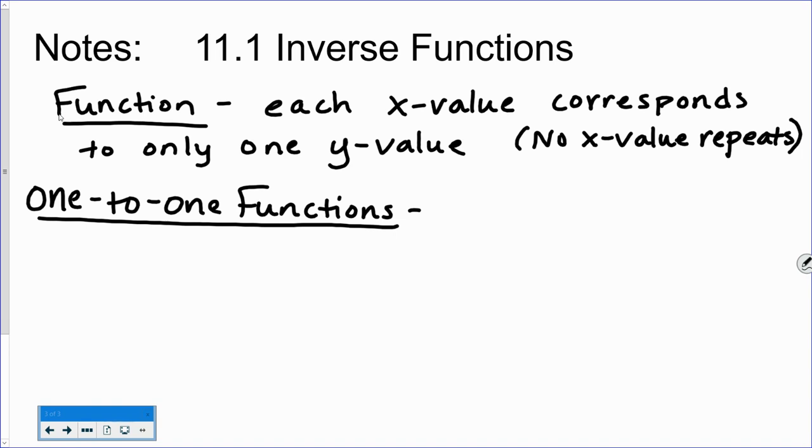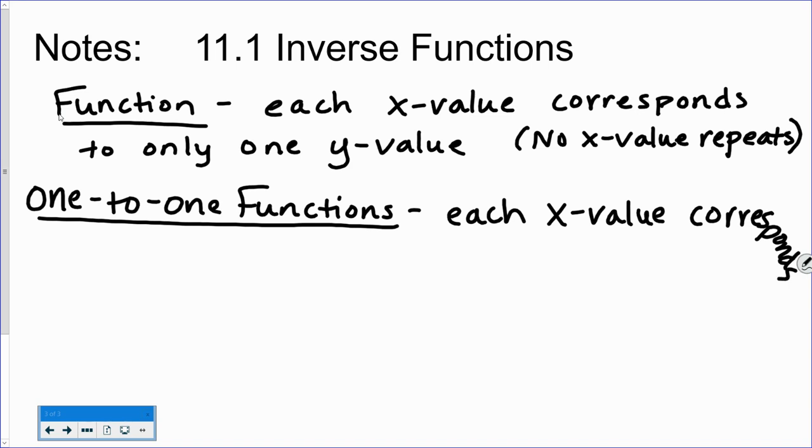All right, so what this would mean is that each x value corresponds to only one y value. All right, so that looks identical to what I have written above. But there's more.